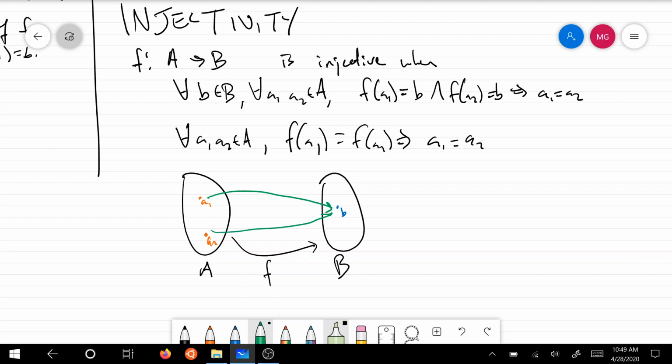Both of these map to the same value, right? To be injective, we need to have it be the case that a1 equals a2.